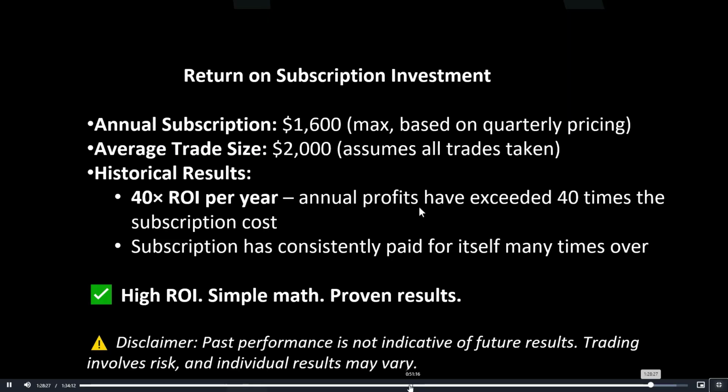So annual profits have exceeded 40 times your subscription cost. Pretty impressive to me. And subscription has consistently paid for itself many times over. Again, ROI, return on investment, simple math, and it's proven results. So this is what we've done so far. Again, disclaimer, past performance is not indicative of future results. Trading involves risk, we all know that, but that's what it's returned.